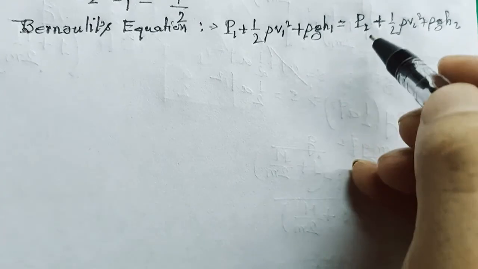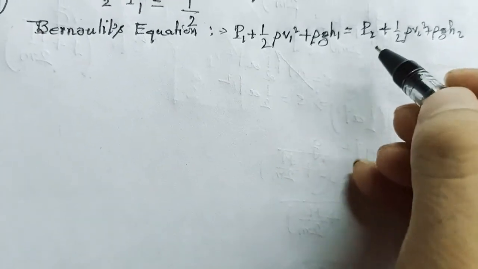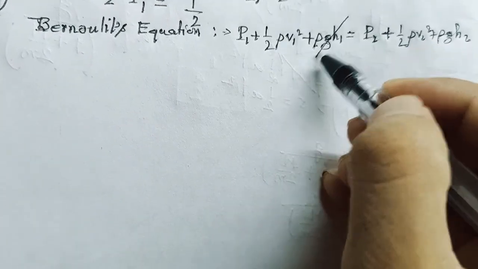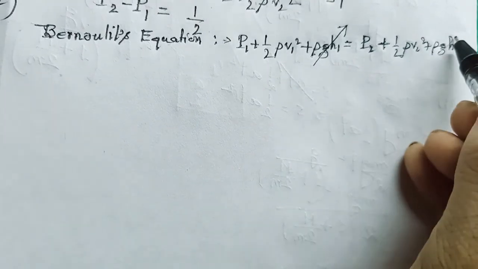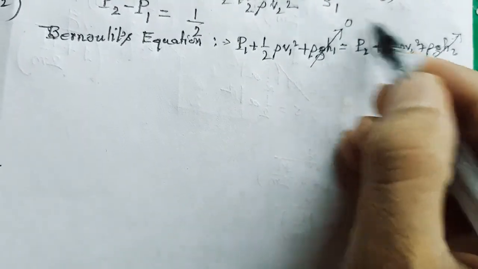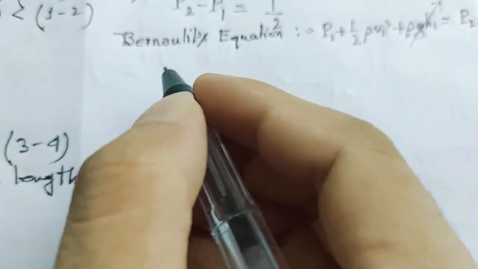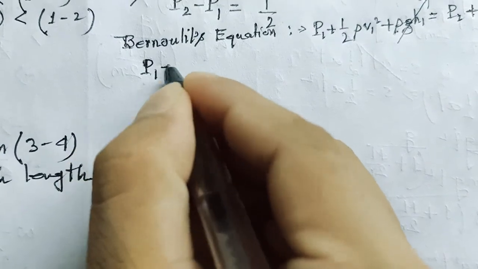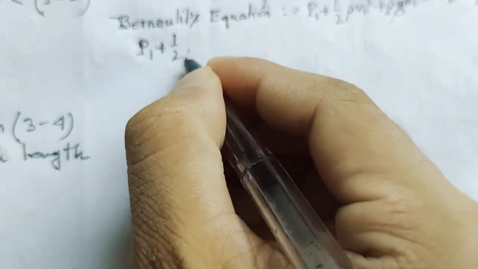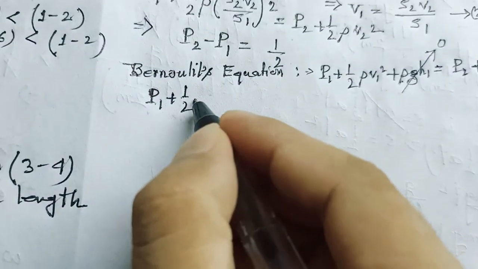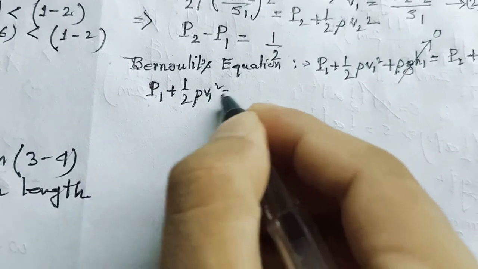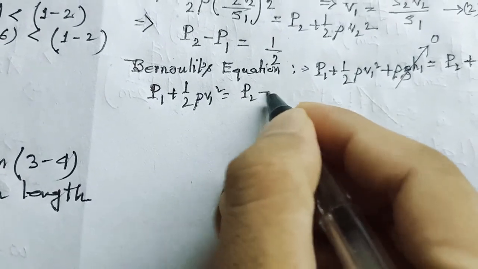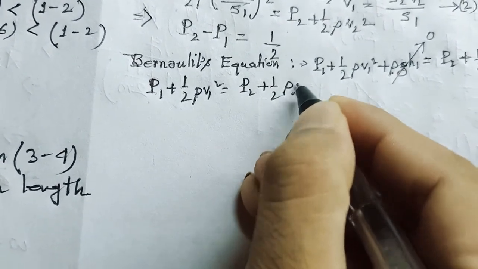Now as we are seeing that the central line is the same for both the cross sections, we can cancel H1 and H2. So after cancelling, our equation will become P1 plus half rho V1 square equal to P2 plus half rho V2 square.